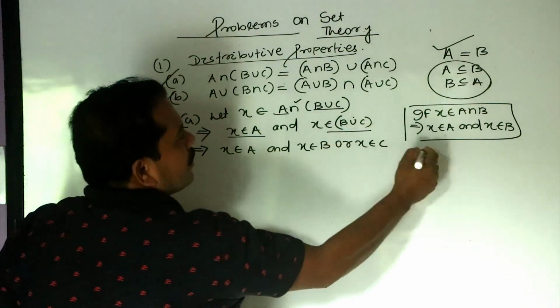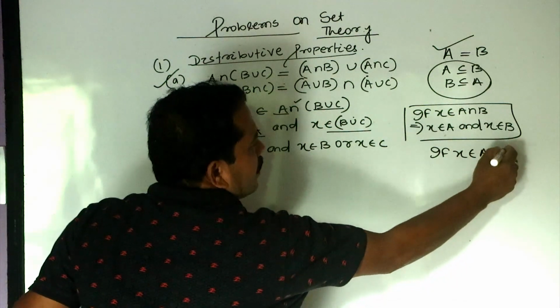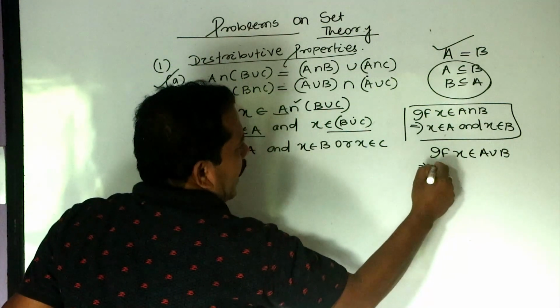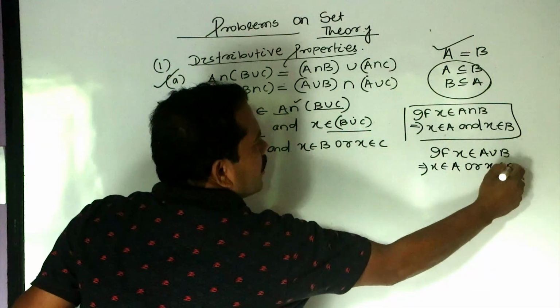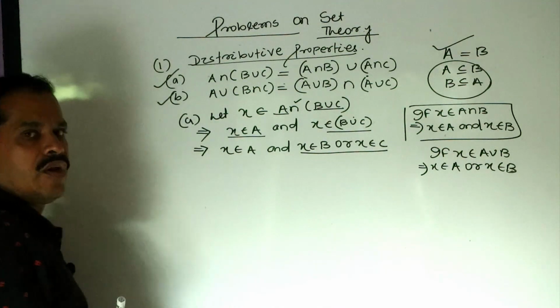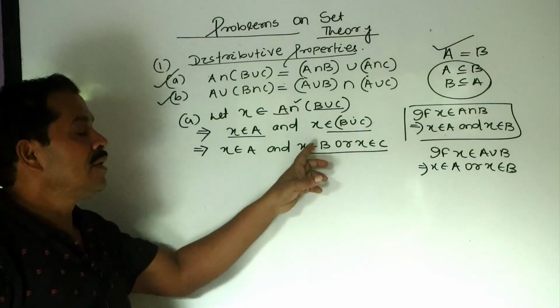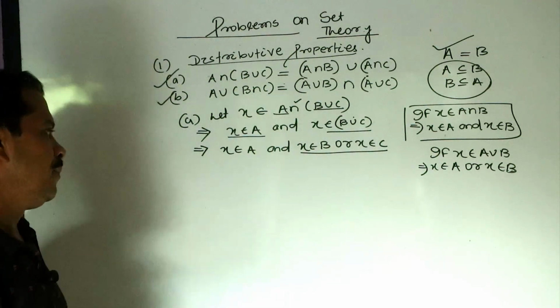For union, if x belongs to A union B, we write x belongs to A or x belongs to B. Likewise, x belongs to B union C means x belongs to B or x belongs to C.